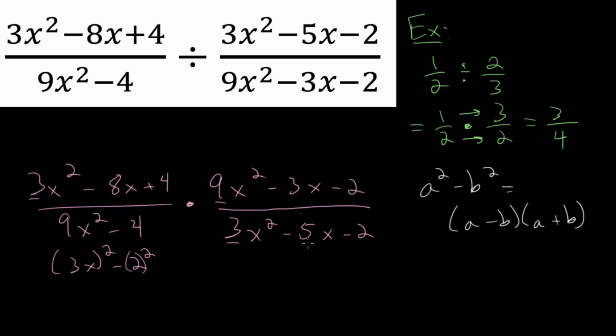And of course, there is the chance that these don't factor, since most quadratics do not factor in a simple way. However, when learning these arithmetic problems with rational expressions, the problems are generally crafted so that they are factorable.